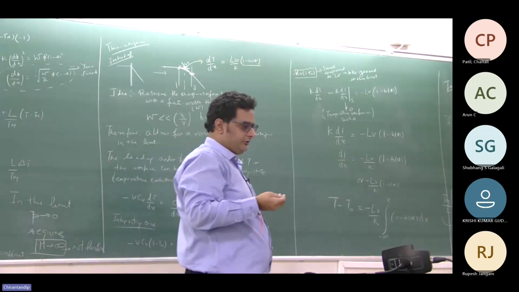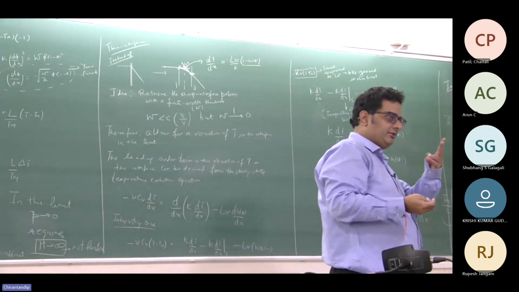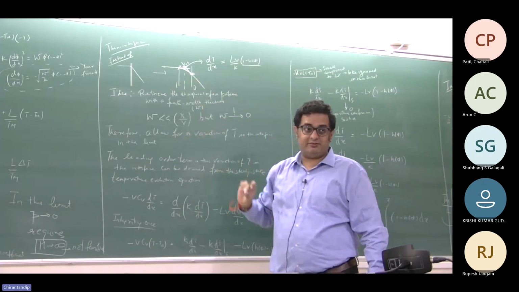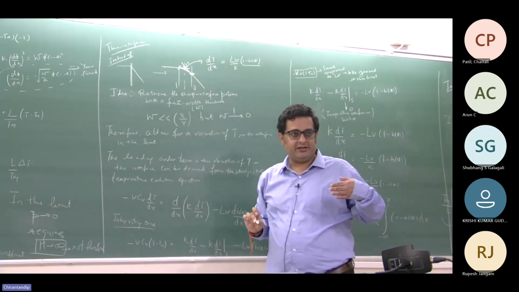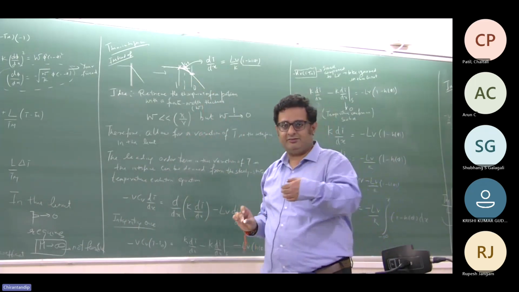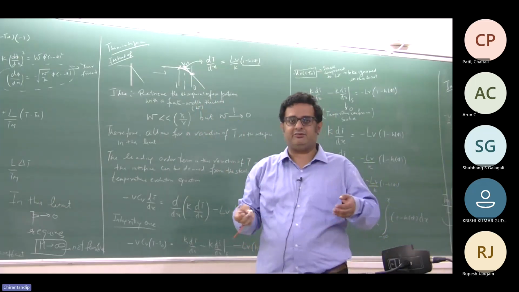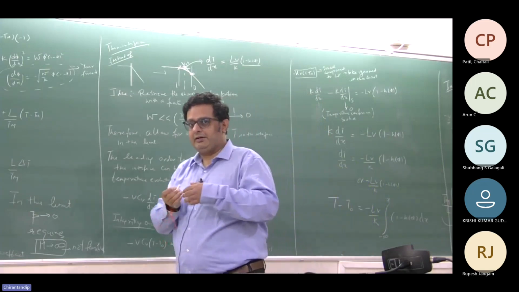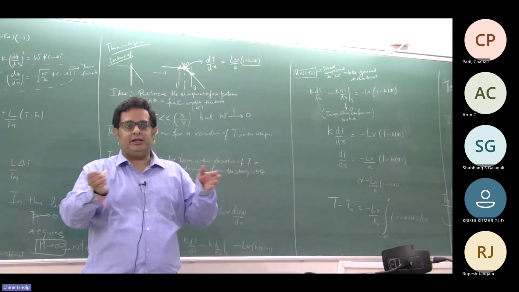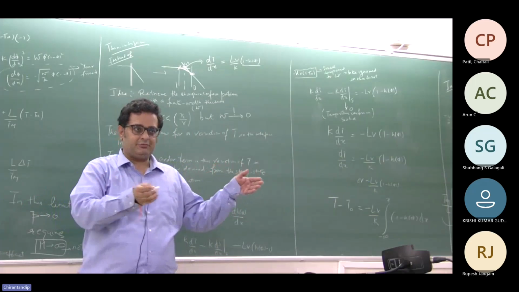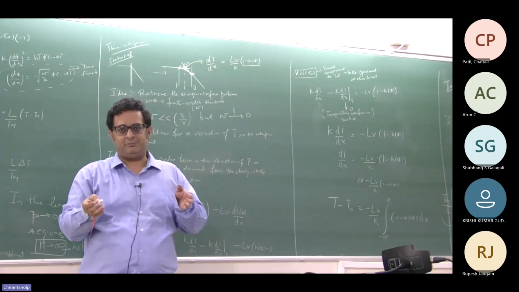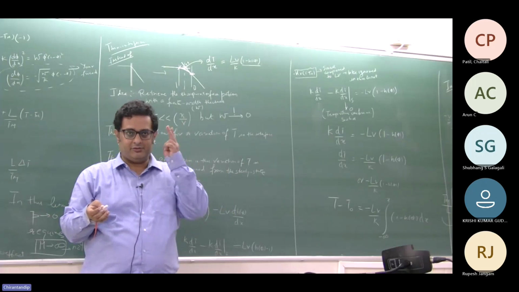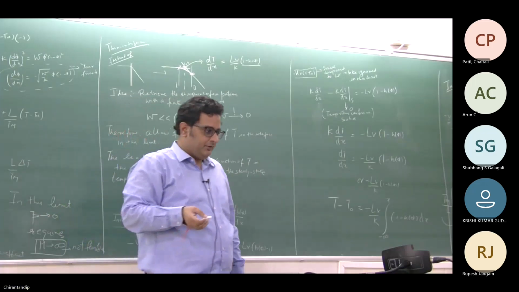So the trapping is essentially a function of two things. First, the width of this interface, as well as the velocity at which you are translating. The faster you translate, the more the repartitioning that has to happen, the more the trapping will happen. Similarly, the wider the interface, the more the diffusion is limited, and therefore, the more the trapping will happen. So your trapping is essentially going to be influenced by these two factors.